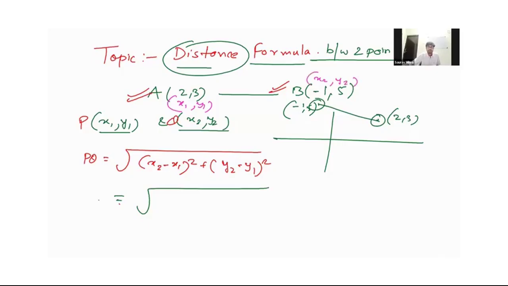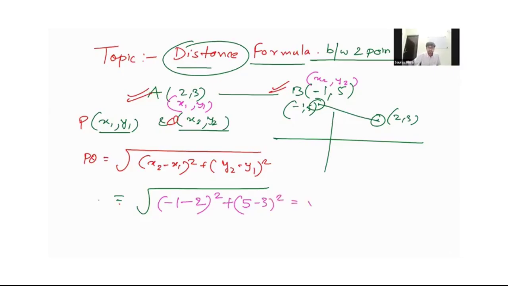So x2 minus x1: x2 here is minus 1, and x1 is 2. This is squared, plus y2 minus y1: y2 is 5 and y1 is 3, squared.